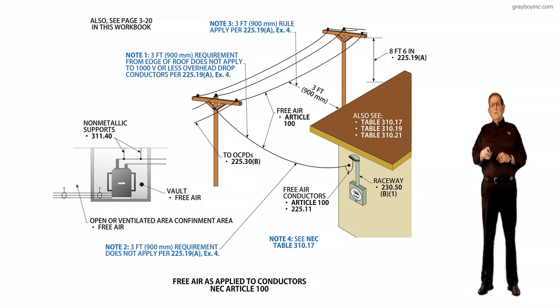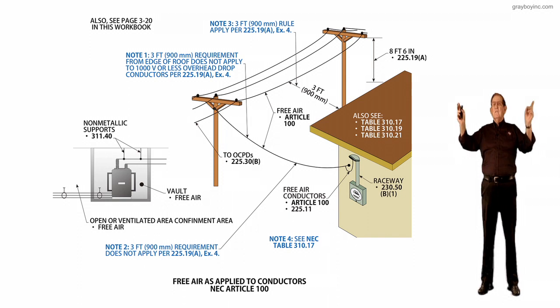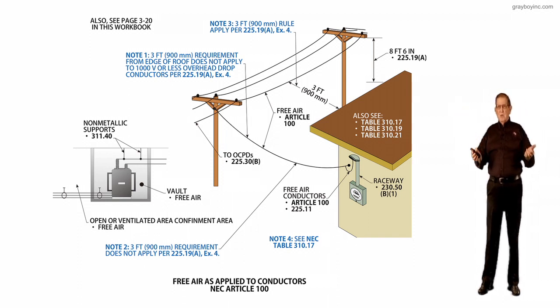non-metallic supports that you see to the vault area where it's free air, these conductors are in, say, an open ditch area that was open. It's not a ditch, it'd be more like concrete, but it was free air and they could dissipate their heat real easy, and they were in a protected area.